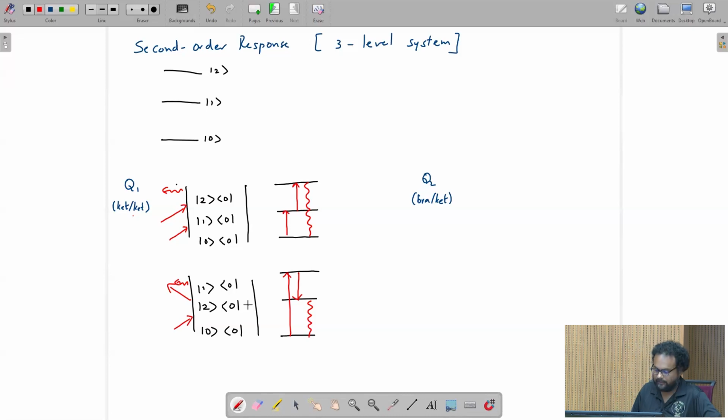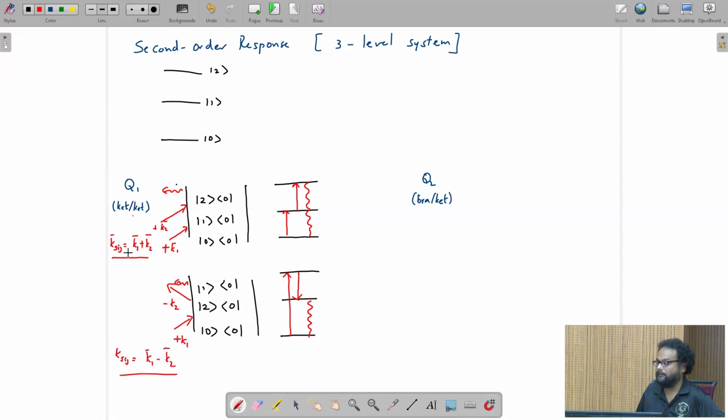Now let's briefly look at the direction of this emission. For the top diagram, the first interaction is going plus here, so this is plus K1 and this is plus K2, which means your K signal will be K1 plus K2 for the top diagram. Here you're going plus K1 minus K2, so your K signal will be K1 minus K2.